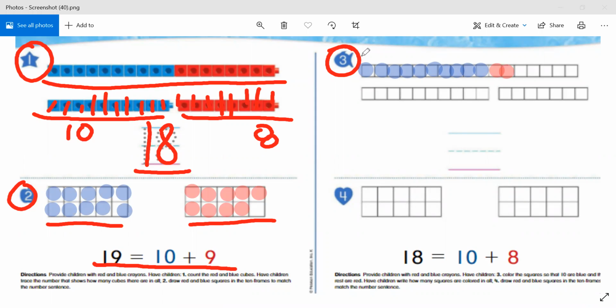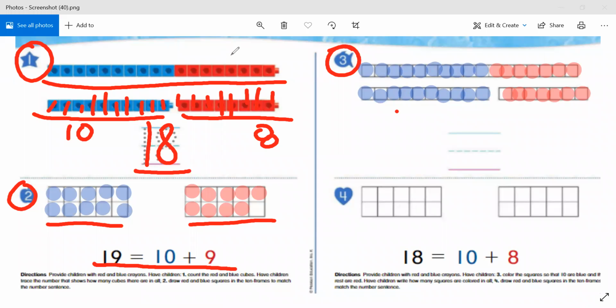1, 2, 3, 4, 5, 6, 7. So they're split up down here. 1, 2, 3, 4, 5, 6, 7, 8, 9, 10. And 1, 2, 3, 4, 5, 6, 7.